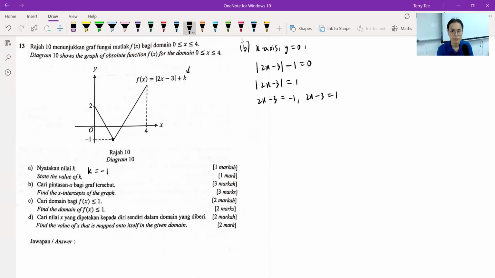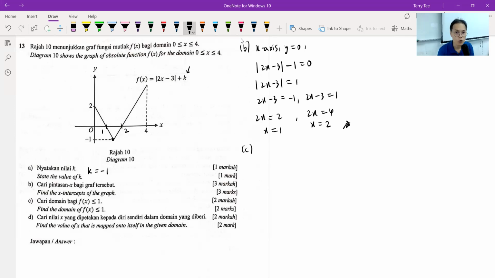Let's bring this over. My 2x minus 3, bring the -3 over. This will be just 2. Yeah, 3 minus 1 is 2. 2 divided by 2, x is 1. Second one, 2x is now 4. X is now 2. So this x-intercept, we just confirm, is 1 and 2. There you go. That's your answer for B.